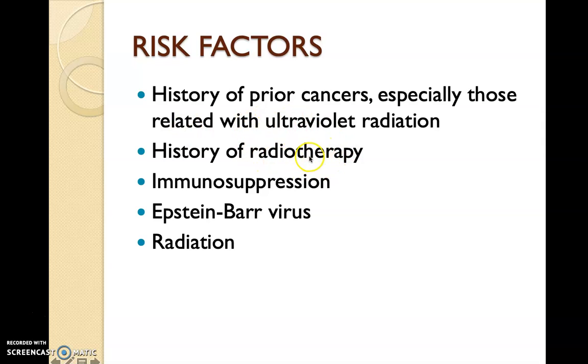You have to ask the patient if they have had any radiotherapy of the head and neck before. The patient with immunosuppression, HIV patient, or even if the patient is taking immunosuppression, for example, because they have some transplant. Epstein-Barr virus can increase the risk of cancer, and radiation.